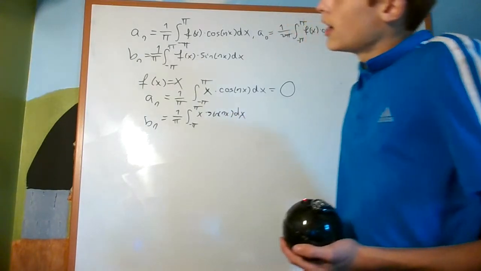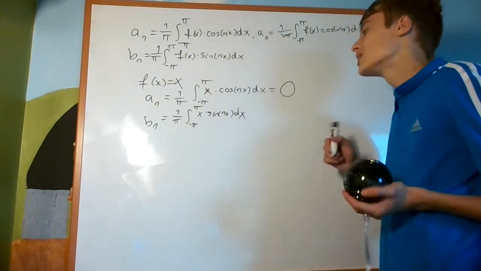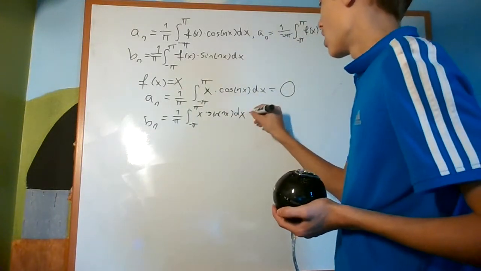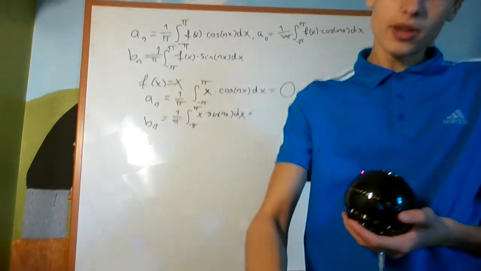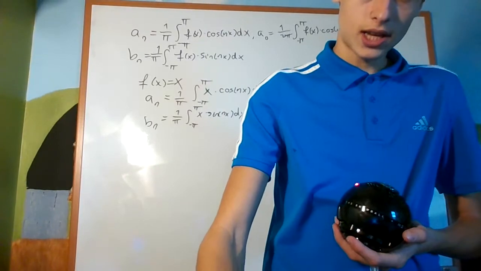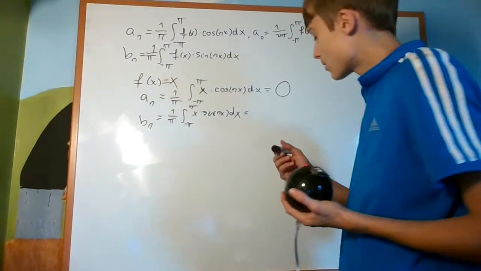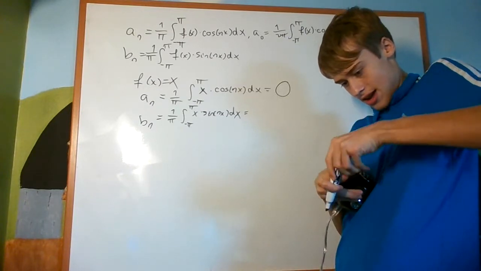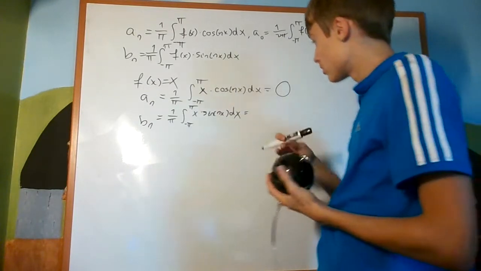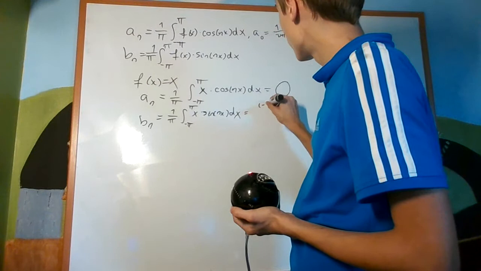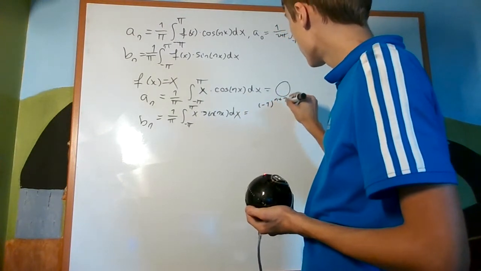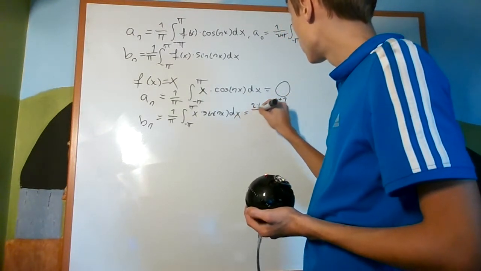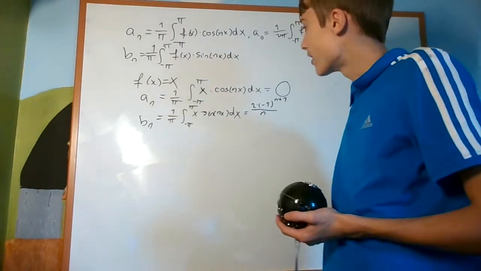Now this is not of the standard form, and what you end up getting is, drumroll please, negative 1 to the n plus 1 times 2 over n.